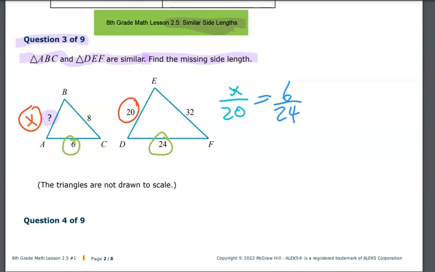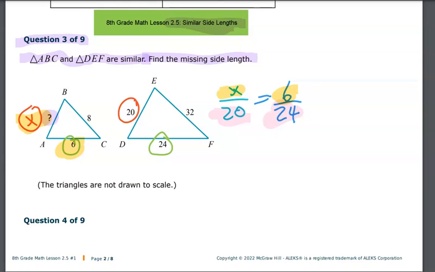One thing that's important to note is that x and 6 are across from each other because they are on the same triangle, and 20 and 24 are across from each other. That's going to be one important thing to look at when you're making your proportions: making sure they are across from each other.